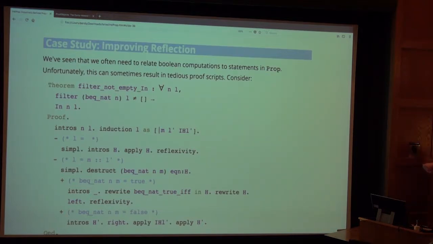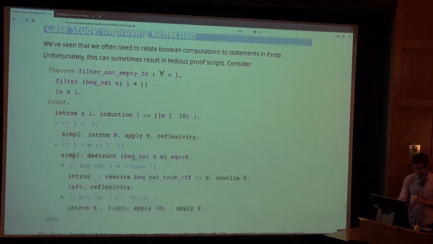Right. So we saw previously, I guess a couple of hours ago, that it's often helpful to relate a Boolean function or computation to some statement in Prop for one of these decision procedures, right? We saw this with evenb and the even inductive relation that we defined, and also this other formulation as a proposition of what it means to be even, right?